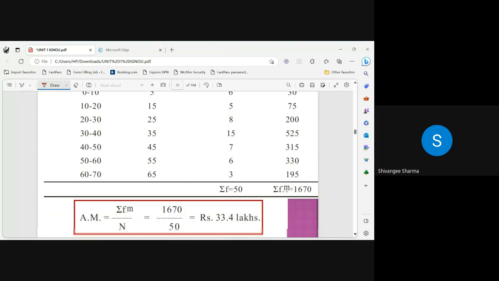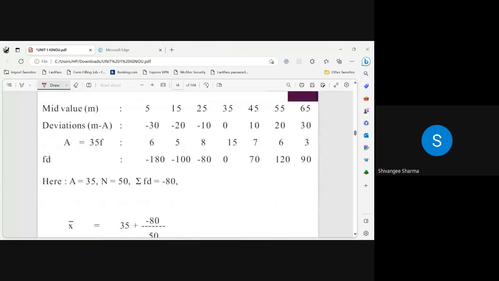So let's move on to this slide only. So these were the mid values: 5, 15, 25, 35, 45, 55 and 65. Just by taking a look, we assume that 35 is the mean of this entire data.